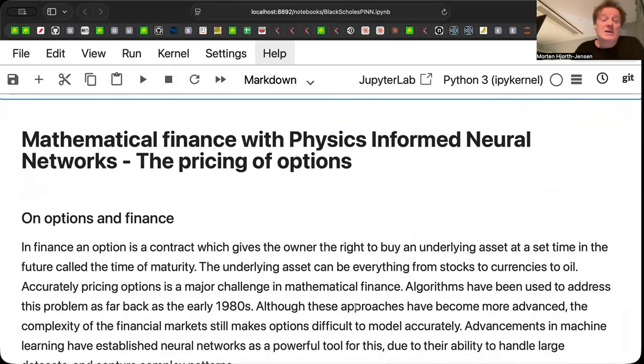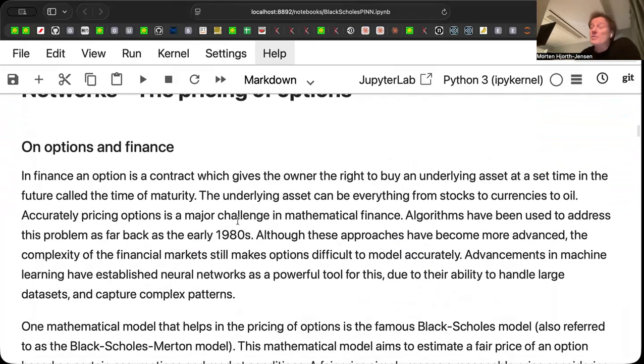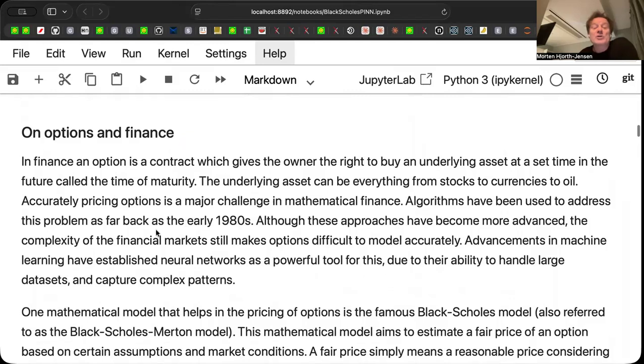So in finance, if you're not too familiar with the Black-Scholes equation, an option is actually a contract which gives the owner the right to buy an underlying asset at a set time in the future, which is called the time of maturity.